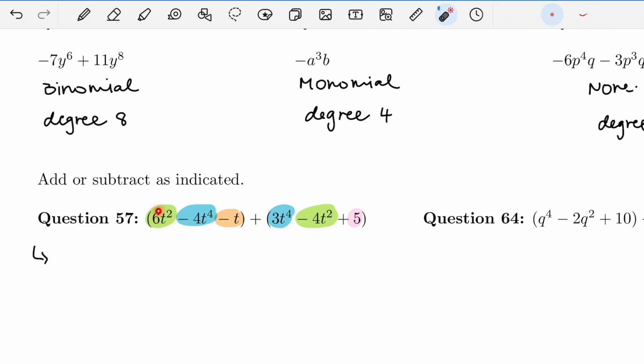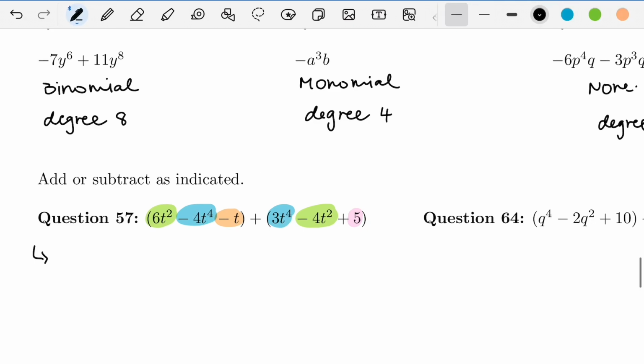We'll write this in descending order, so we'll start with the terms that have t to the 4th power. Essentially we have this minus 4t to the 4th power, and we're going to add it to 3t to the 4th power. This is going to give us minus t to the 4th power.